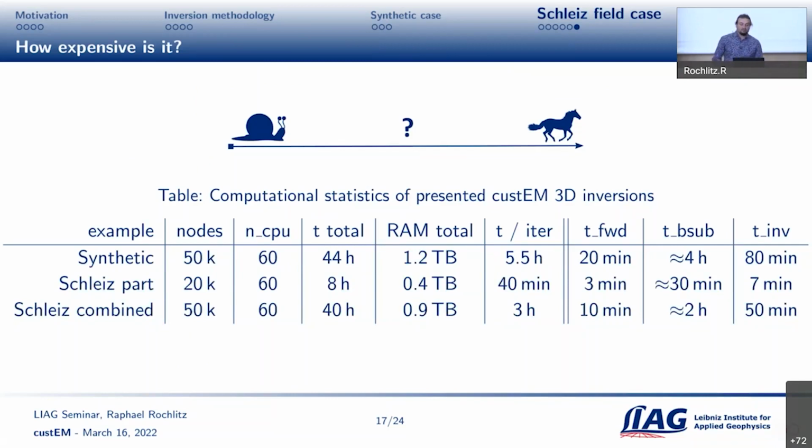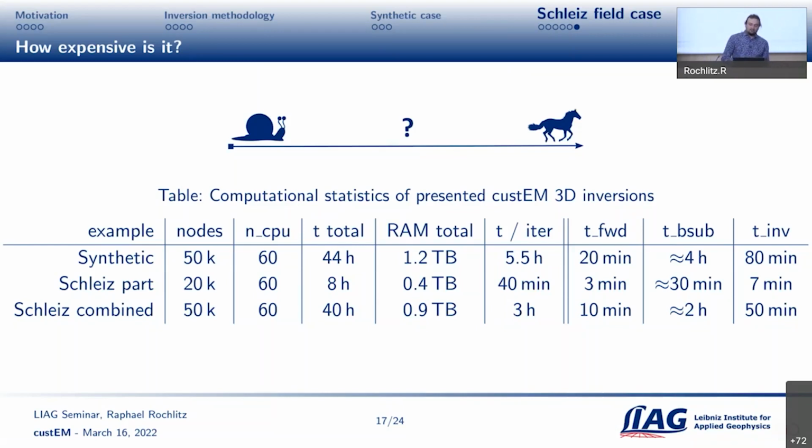And the main effort is actually the back substitution time. So for each receiver point, for each data point, we need to calculate a back substitution of our finite element system of equations. This is due to the nature of explicit sensitivity calculations.